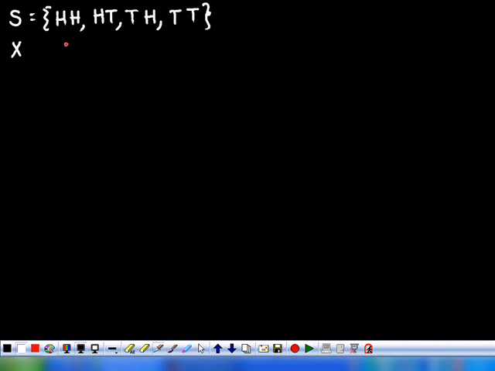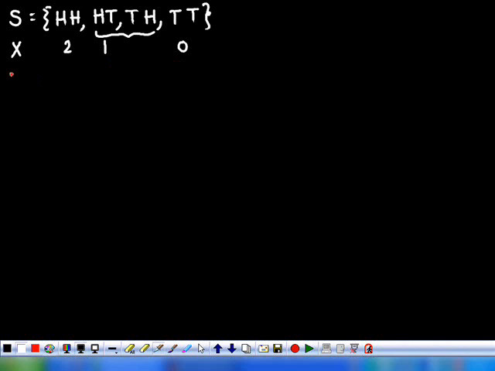So here the number of heads is 2, here it is 1 when the outcome is either HT or TH, and when the outcome is TT, x takes 0. That is, 0, 1, 2 are the values taken by the random variable x. According to a certain rule, we map the outcomes of the sample space onto the real axis, the real numbers.